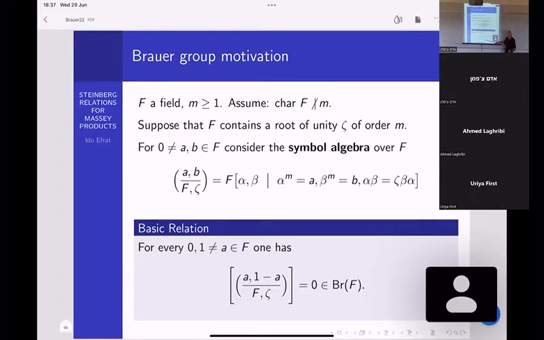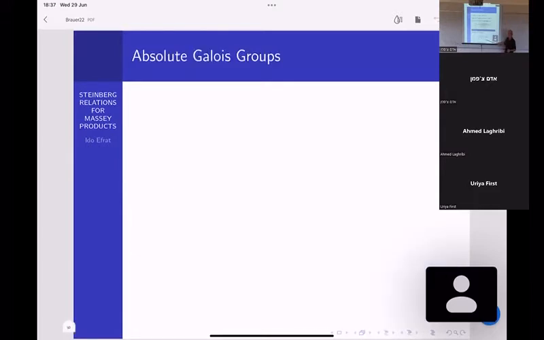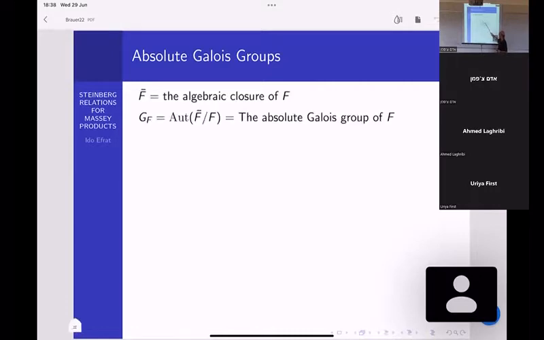It's somewhat better to think about this in the language of Galois cohomology, so cohomology of the absolute Galois group. Let me fix the notation. F bar is the algebraic closure.